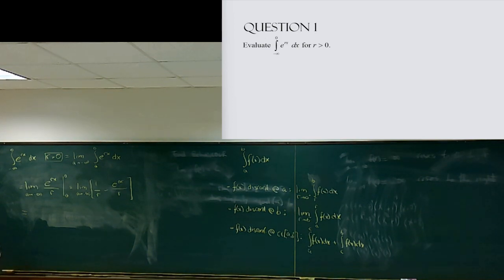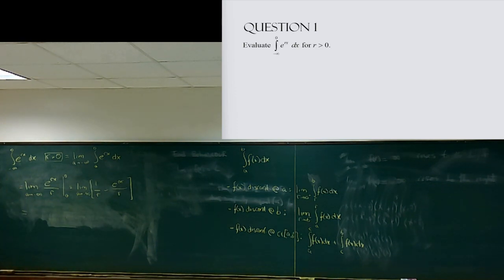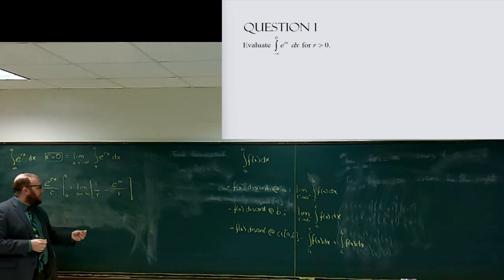As r gets bigger, the number gets smaller. When is r getting bigger? r is just a constant. So what is that limit? The limit of a constant is a constant. It can't go anywhere.